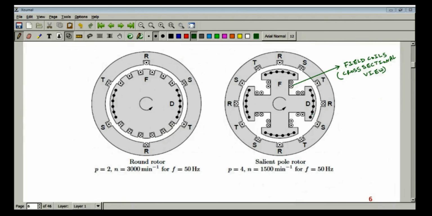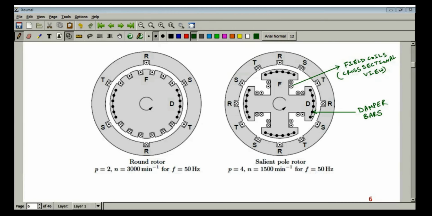Now, what are these metallic bars? These are your damper bars. These dots are damper bars. Let me indicate it more properly. These are your damper bars.